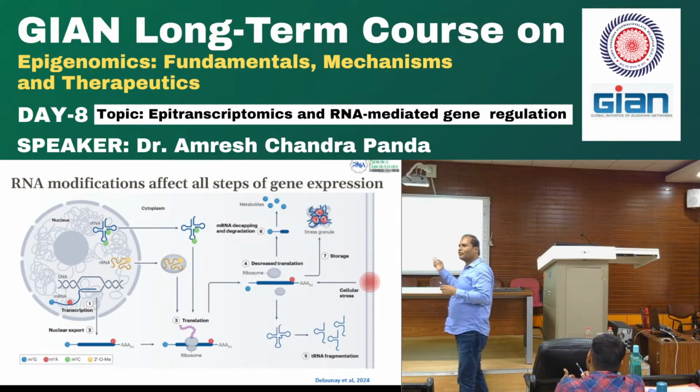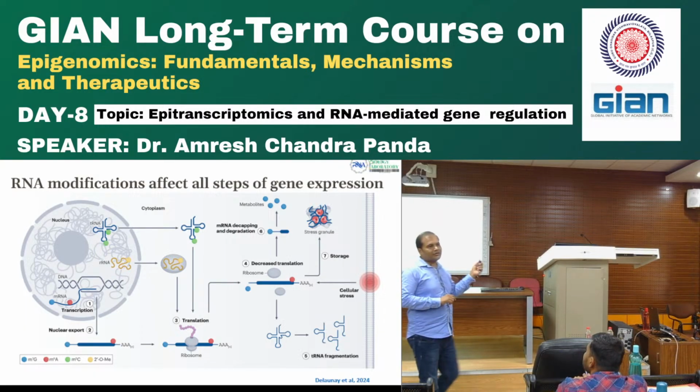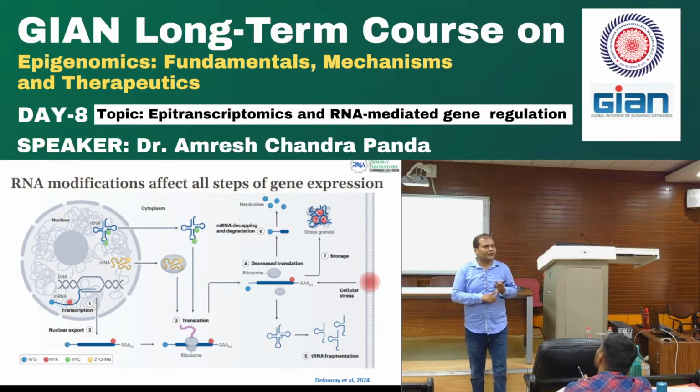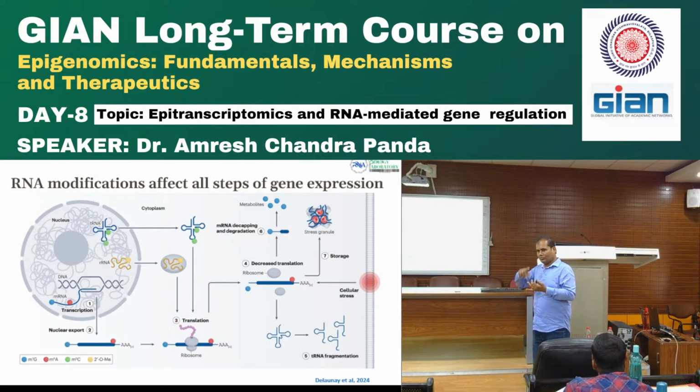So these modifications affect the stability and translation of the mRNAs. So all these modifications regulate the expression from DNA to splicing, or to making the protein. So all these steps are regulated by the modifications.